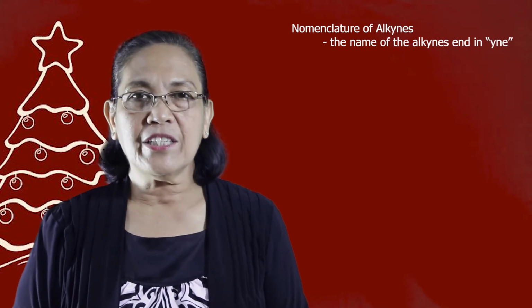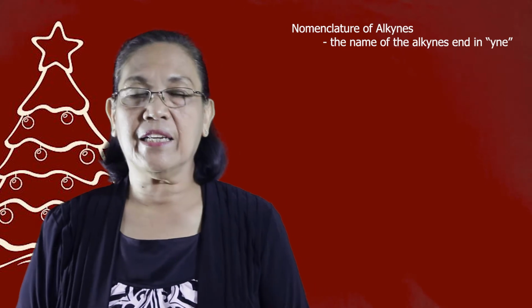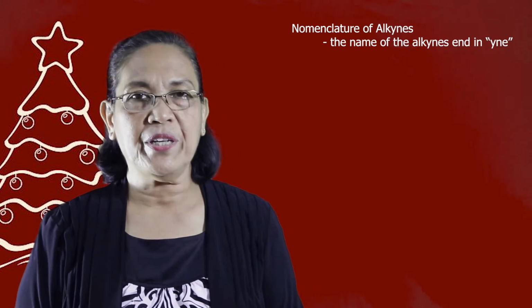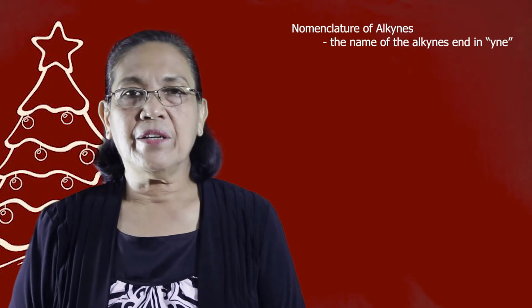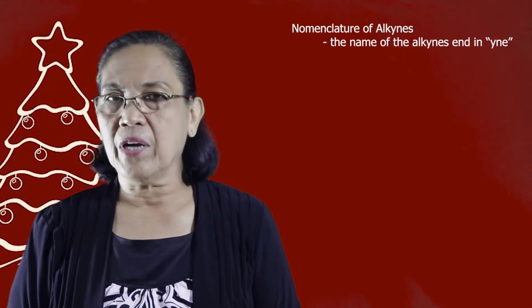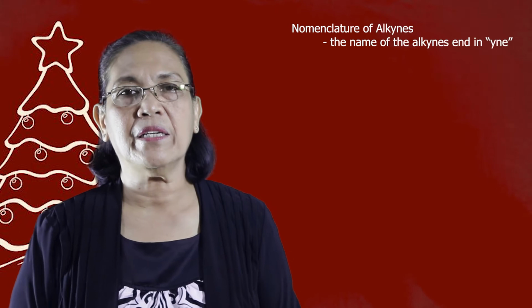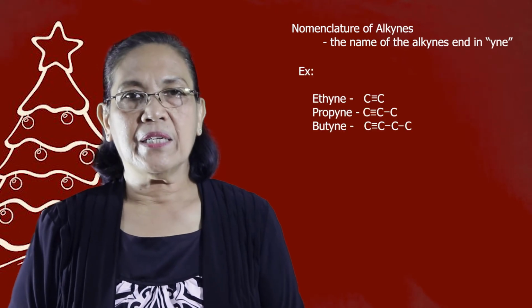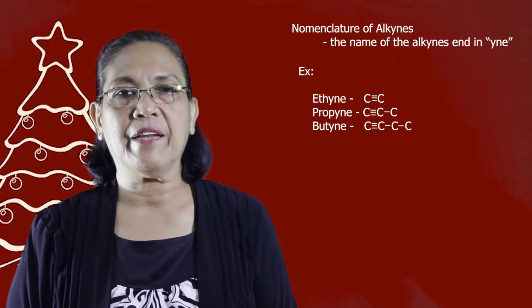Now, at least 2 carbon atoms can already exhibit an alkyne. The first member of which is what we call acetylene or ethyne. We have carbon 1 joined to carbon 2 by 3 bonds, or a triple bond. So, we have C triple bond C, which is what we call ethyne.